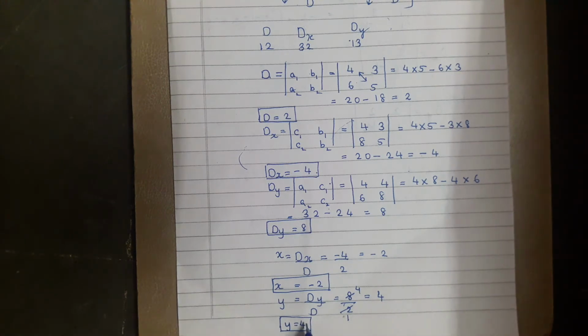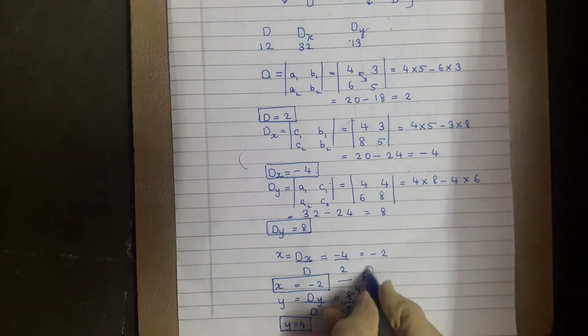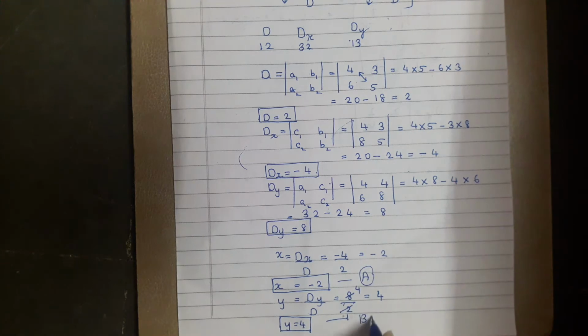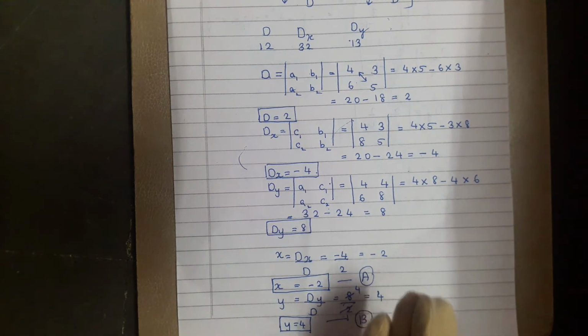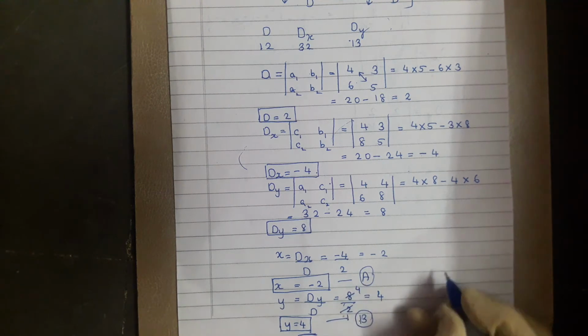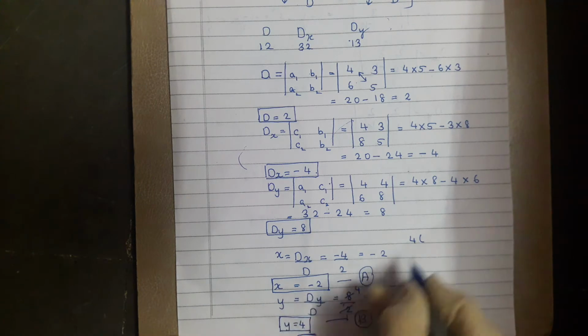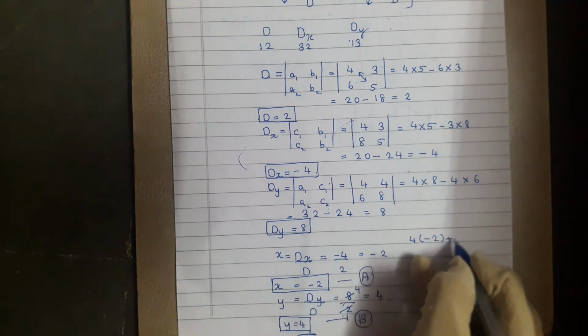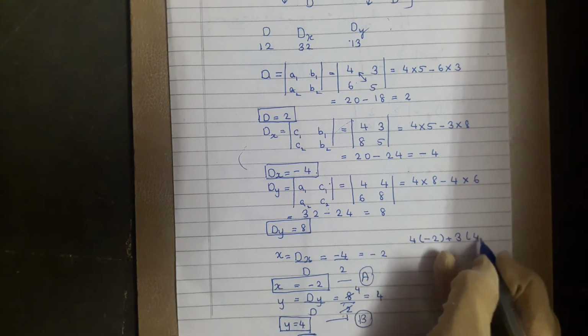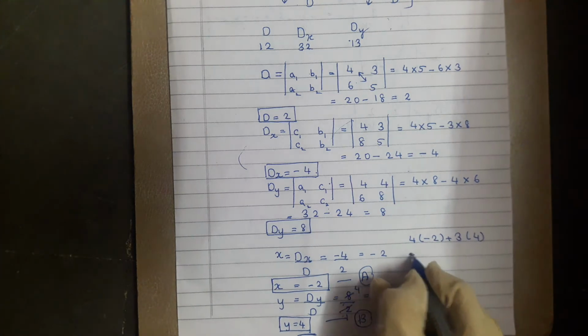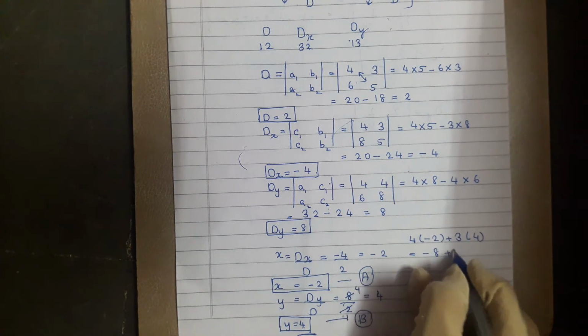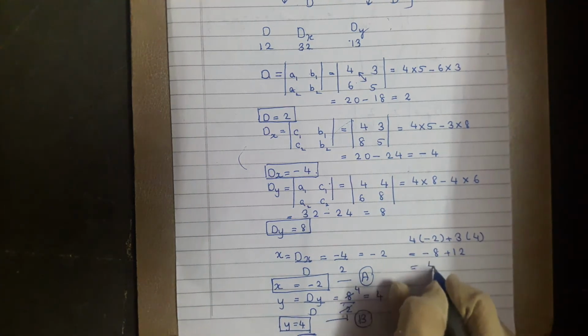Now if you want to check whether your answer is correct or not, just put these two values in equations A and B, just for confirmation. Our solution is completed here, this is just for confirmation. 4 into x, which is -2, plus 3 into y, which is 4, equals -8 plus 12, which is 4.